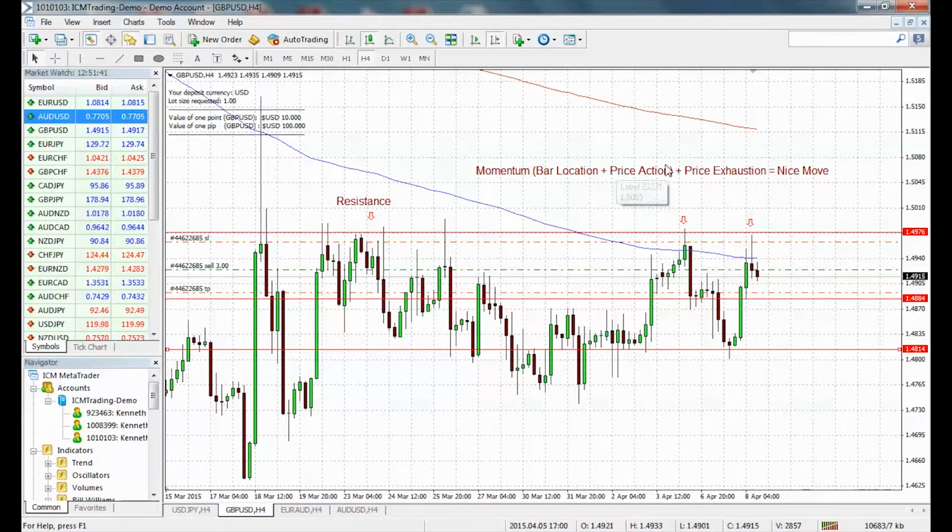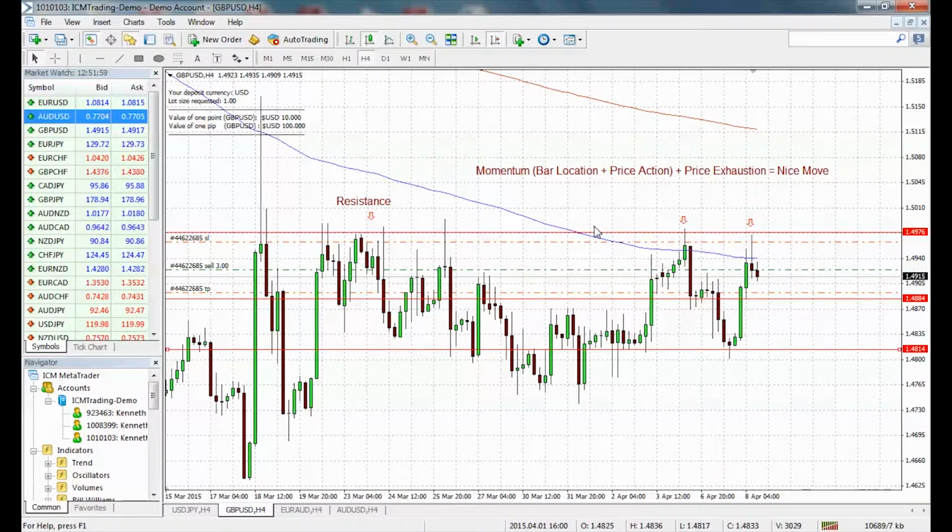I could really put this in one word: price action, location, plus space.